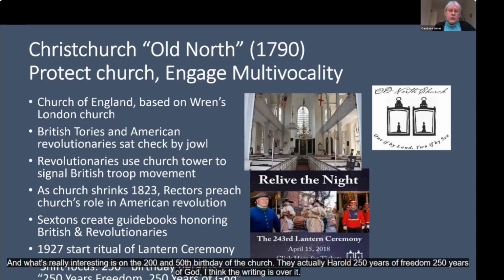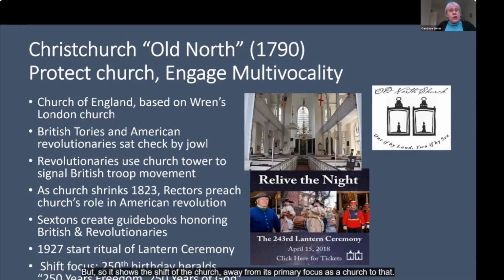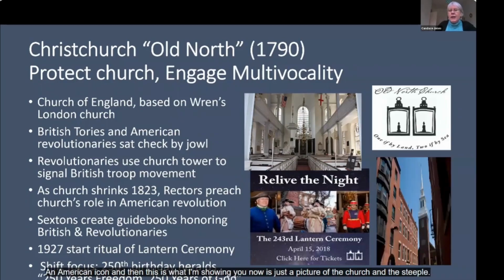And what's really interesting is on the 250th birthday of the church, they actually herald 250 years of freedom, 250 years of God, I think the writing is over it. But so it shows the shift of the church away from its primary focus as a church to that of an American icon. And then this is what I'm showing you now is just a picture of the church and the steeple.